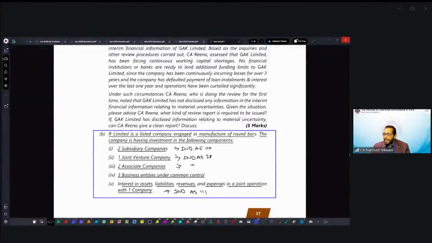There is one more Ind AS left, and that is a very important Ind AS, which is related to your permanent consolidation adjustments. Anyone?